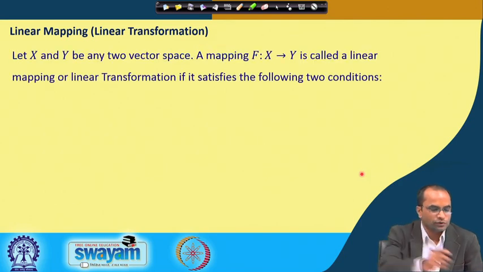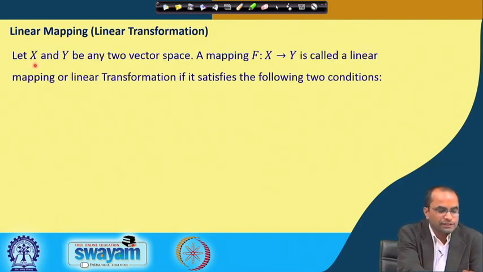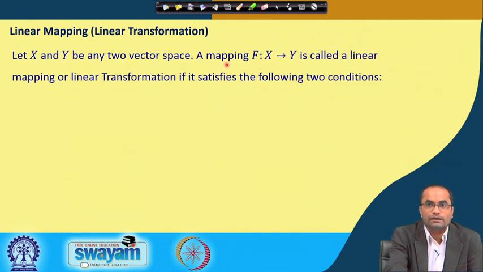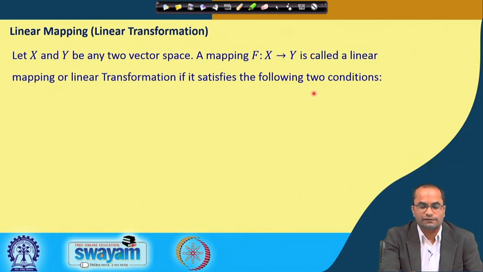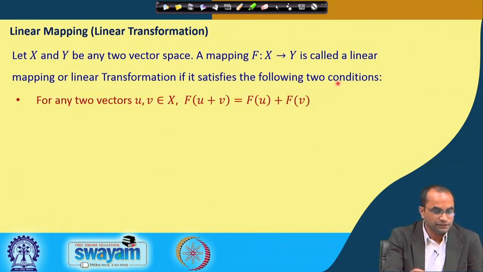So, here we talk about these two vector spaces. Let X and Y be two vector spaces, and a mapping f from X to Y is called a linear transformation or linear mapping if it satisfies the following two conditions. So, what are these conditions?